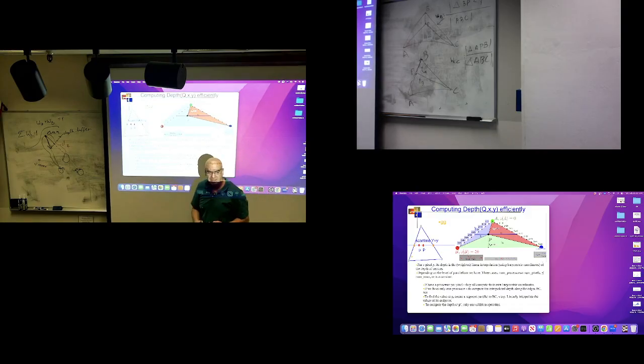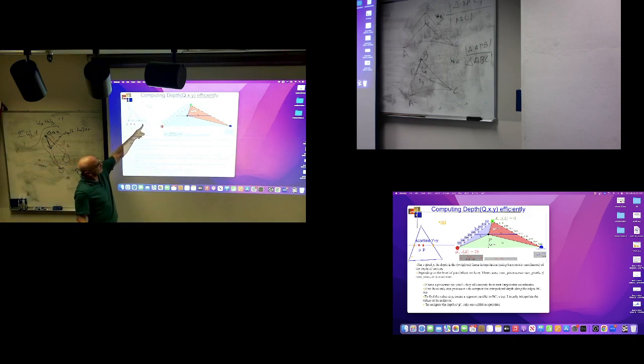So that's already much more efficient than computing areas, but wait, there is more. As I'm walking across the line, what happens to my areas, to my linear interpolation? The depth should change linearly across this row. If you think about it, it's a triangle, you just cut.